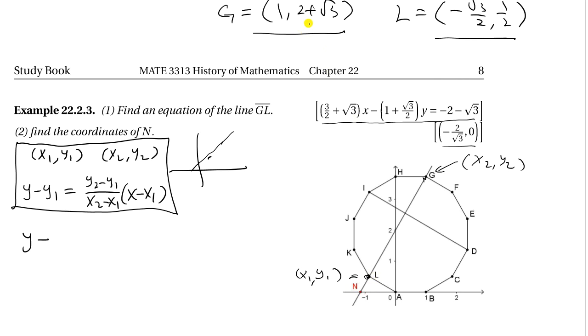So y minus y1 is 2 plus square root of 3, right? But for easier calculation, it's okay to use any points on the line, right? So this is also possible.